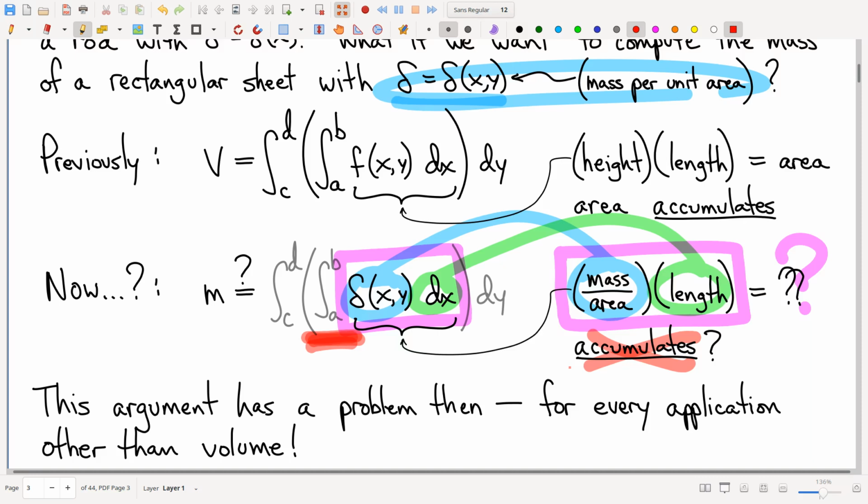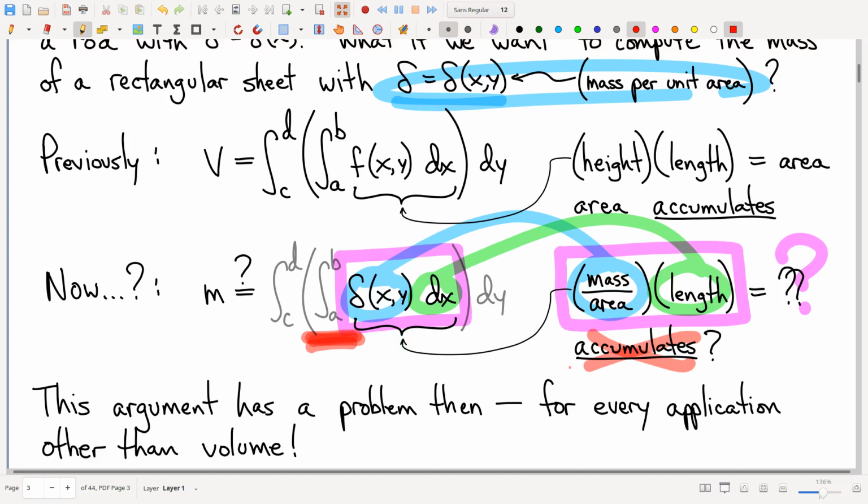And here's the thing. It can be done. It does accumulate, as it turns out. It's really not clear. But even if you argue that it does, then I'm going to have a next question, which is, okay, maybe we're not computing mass. Maybe we're computing population or work or any of a million other things that we've computed with integrals in the past.